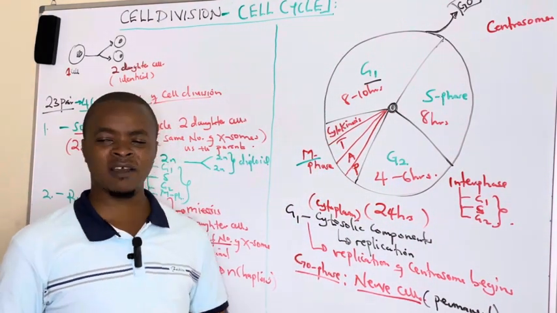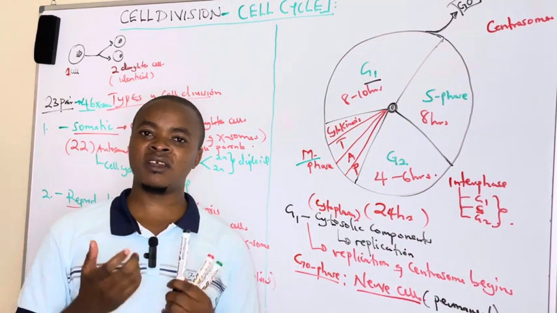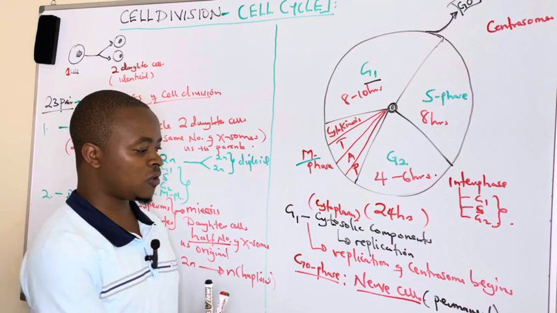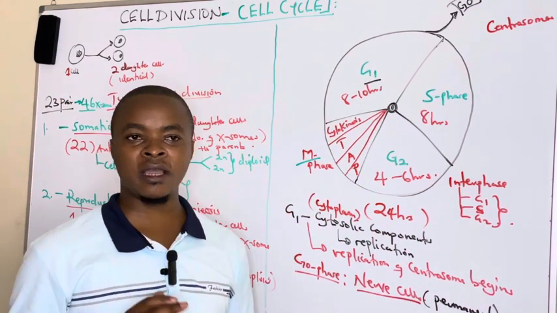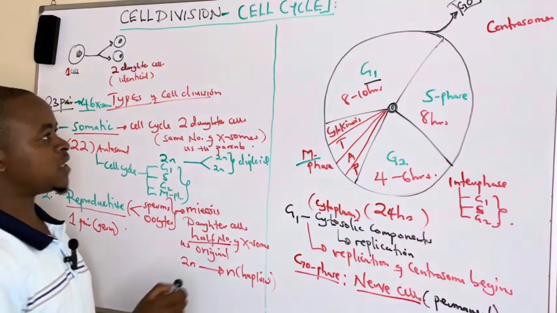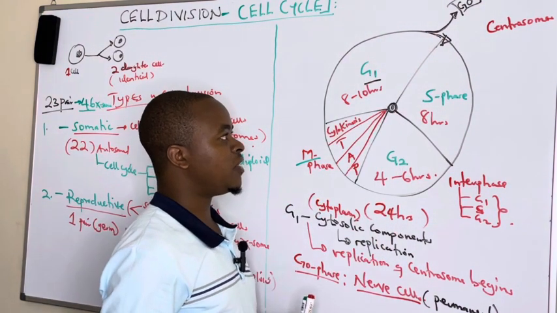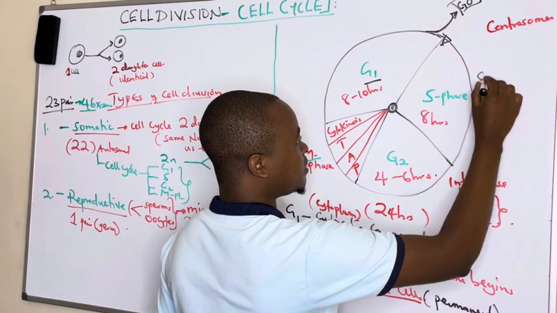So do not forget nerve cells, that they undergo G0 phase. And that's why we are always careful when we are dealing with nerves, because once damaged, no repair. So others progress into the S phase, or what we are calling synthetic phase.